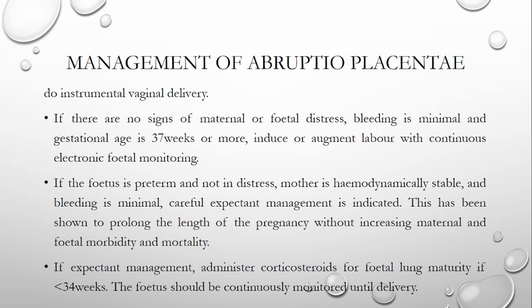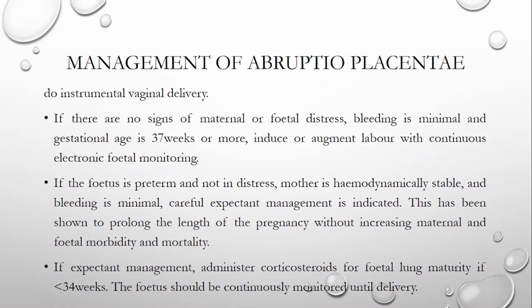If there are no signs of maternal or fetal distress, bleeding is minimal, and gestational age is 37 weeks or more, induction or augmentation of labor with continuous fetal monitoring can be done, but it's always better in a case like this to do an emergency C-section. Induction of labor may waste time and may lead to further morbidity of the fetus.